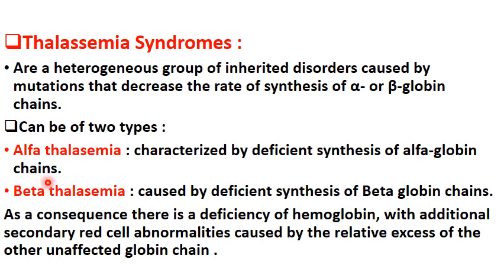So, when there is deficiency in one of these chains, either alpha or beta, it will lead to a defect in the hemoglobin synthesis, with additional secondary red blood cell abnormalities caused by the relative excess of the other unaffected globin chain.